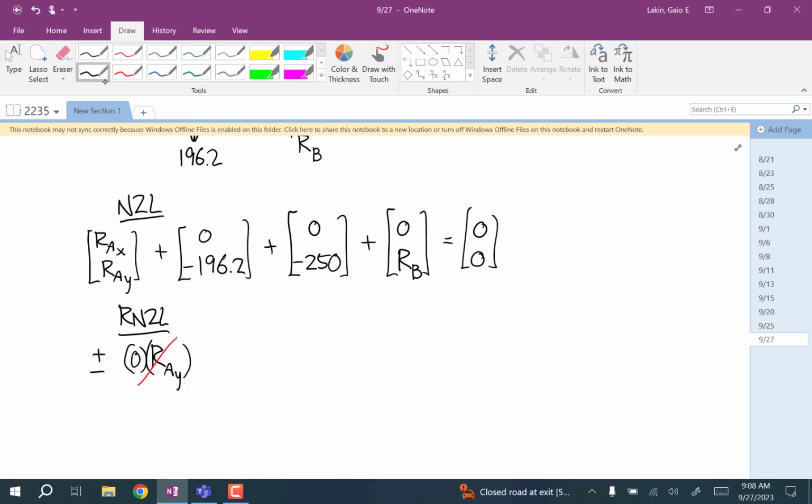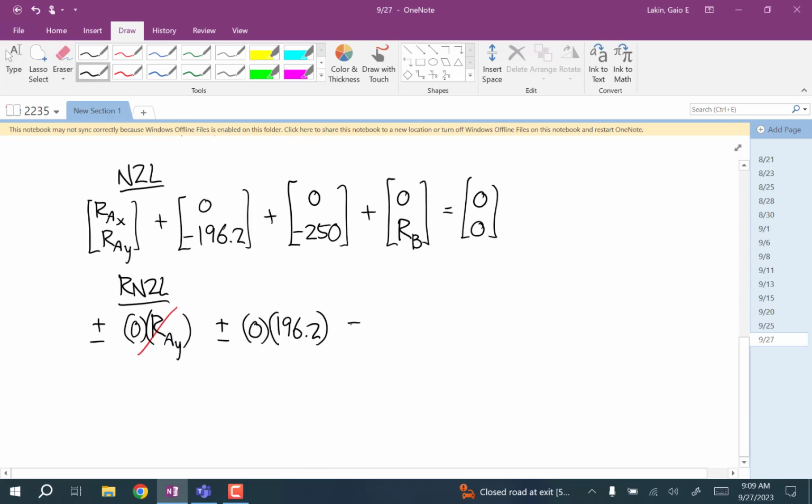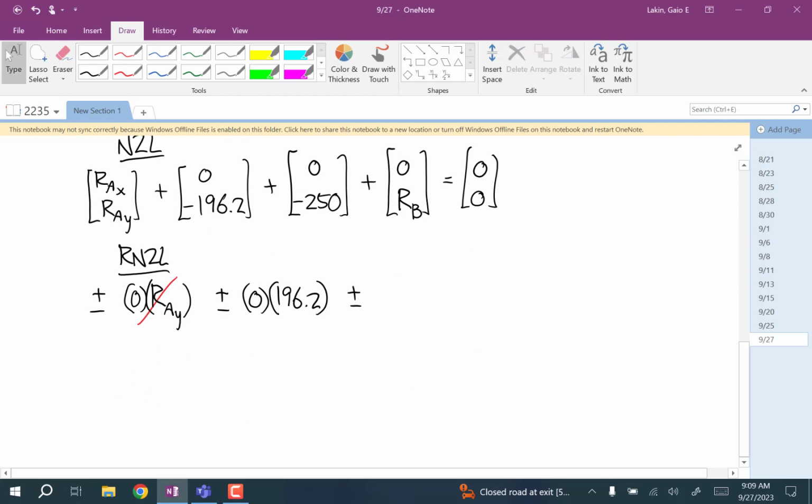Same thing's going to happen with the weight. So we have plus or minus 0 times 196.2. Then the 250. So we have plus or minus. What's the moment arm for that force? Yep.